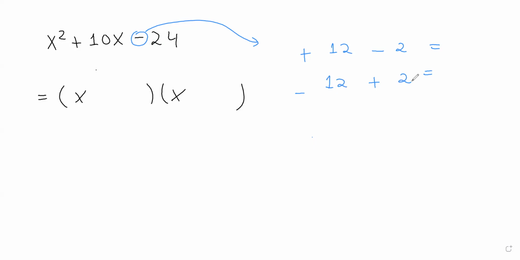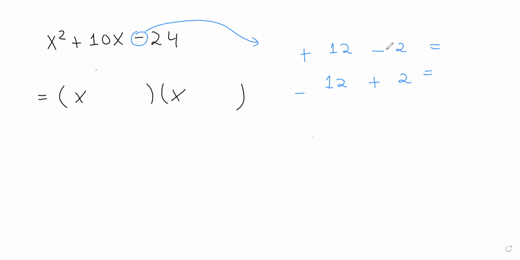This is a great problem that a lot of teachers and professors love to give. Because look at that: when I see the number 24, do you see how I immediately thought of options such as 6 and 4? Because normally 6 and 4 can add to give me 10. But also 12 and 2 can add and subtract to give me 10. So do you see how that was ambiguous?